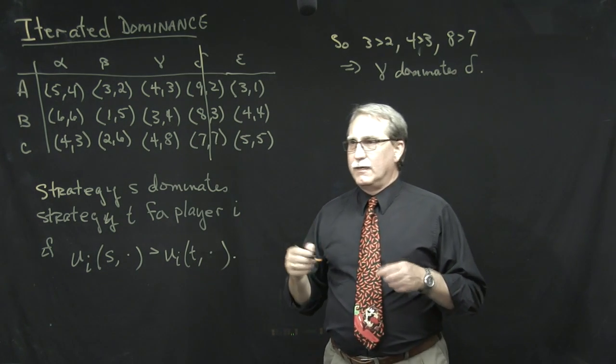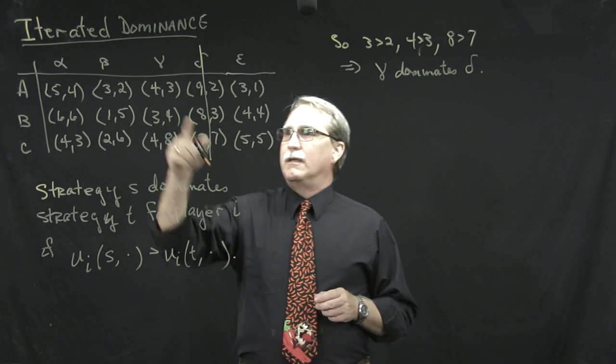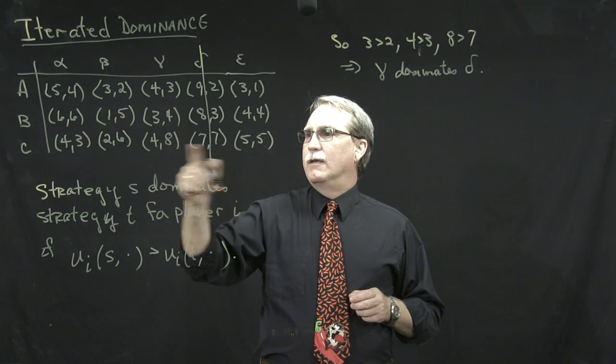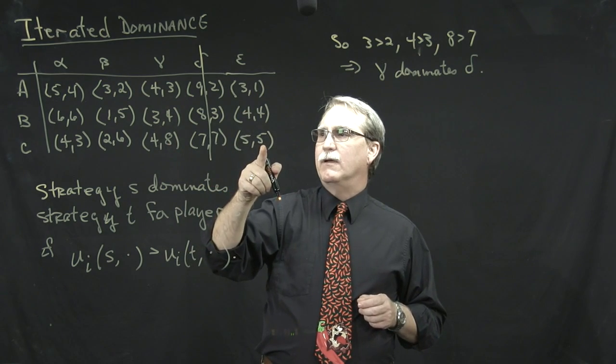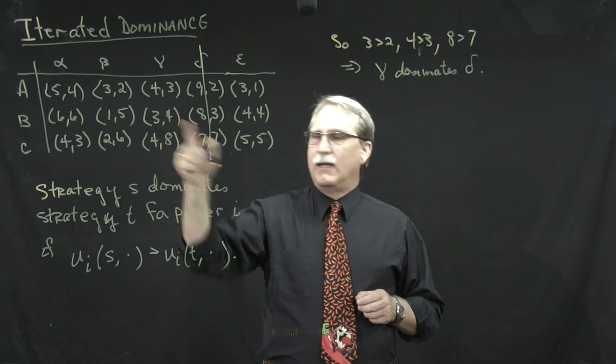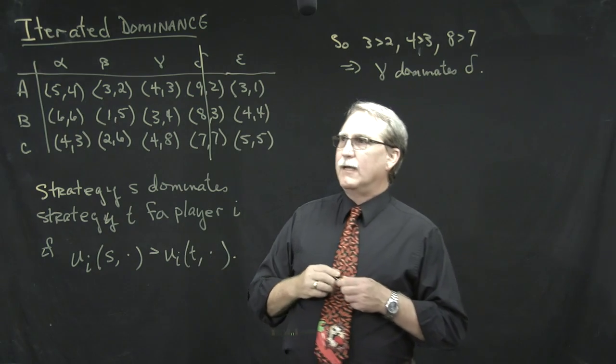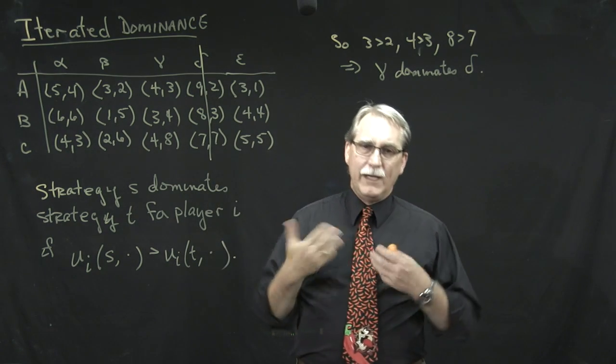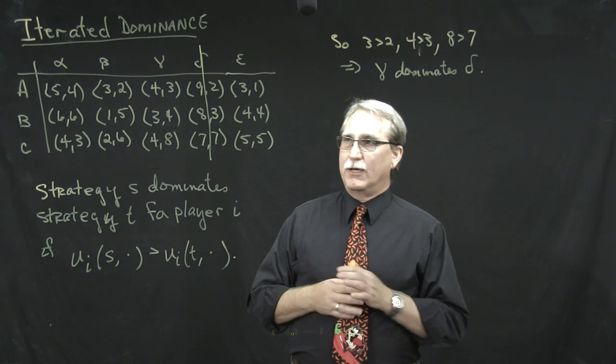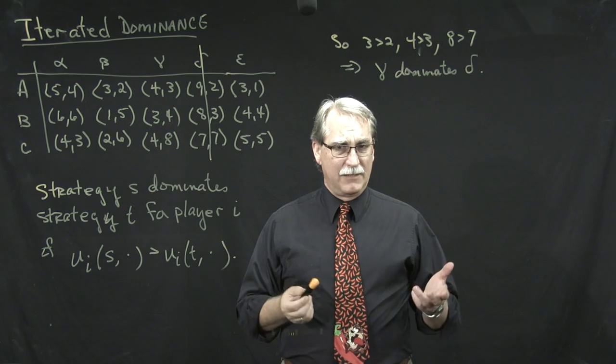If we look at this a little further, we see that the 3 is greater than the 1, the 8 is greater than the 5, and the 4s are at least the same. In this case, we say that gamma weakly dominates strategy epsilon, but that's still okay.